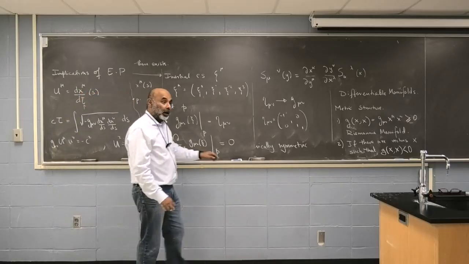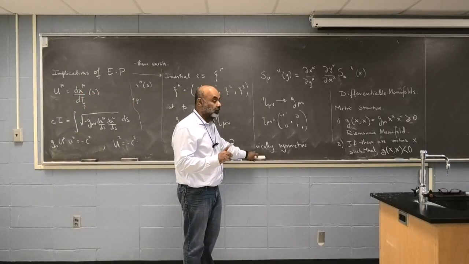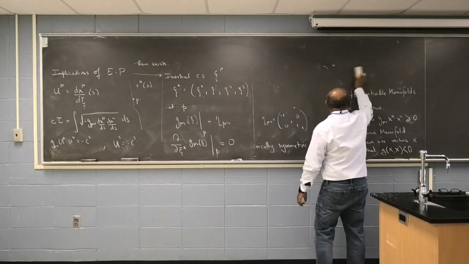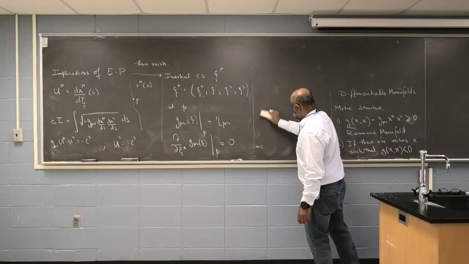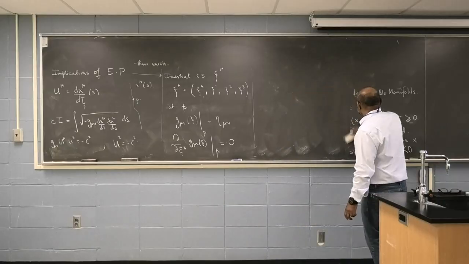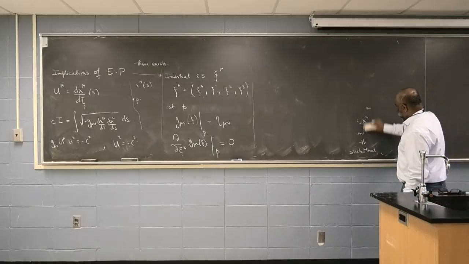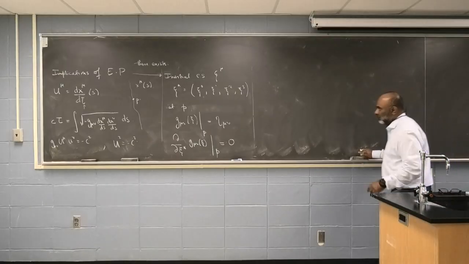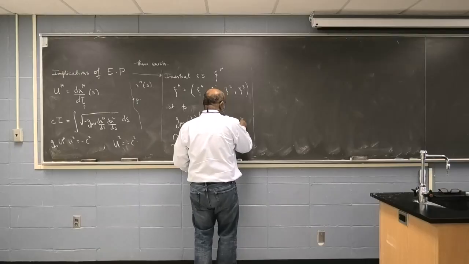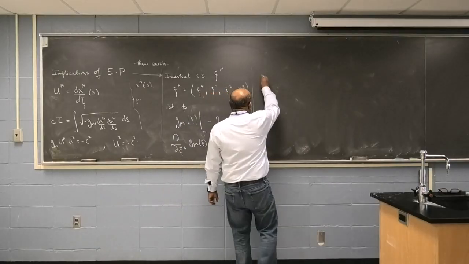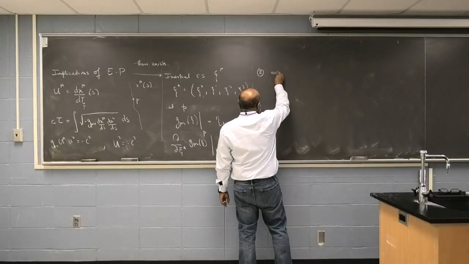Okay? Now, I want to tell you what it does not mean. Any questions? So let me call this temporarily 1, and let me call this 2. 2 implies the following.